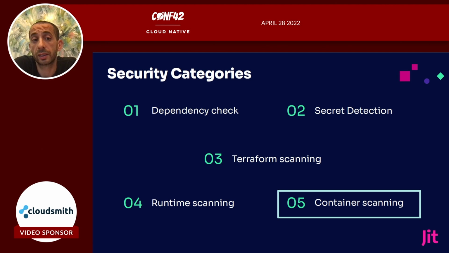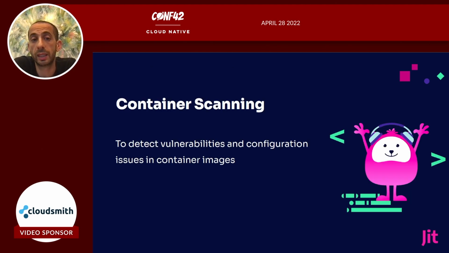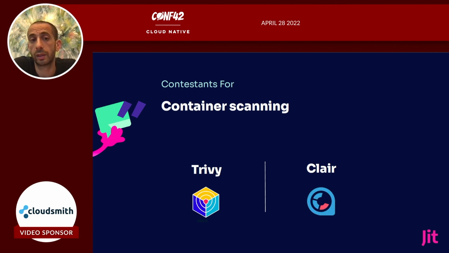And the final category for today, container scanning. The mission here is to detect vulnerabilities of all sorts in container images. We reviewed and tested various tools, but two topped the chart: Trivy by Aqua and Clair by Quay, now part of Red Hat.